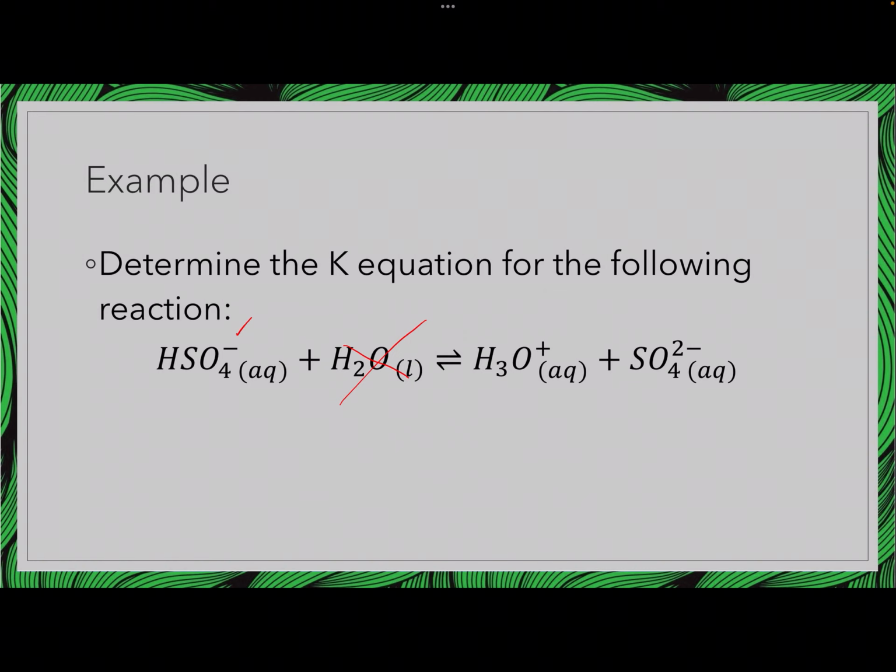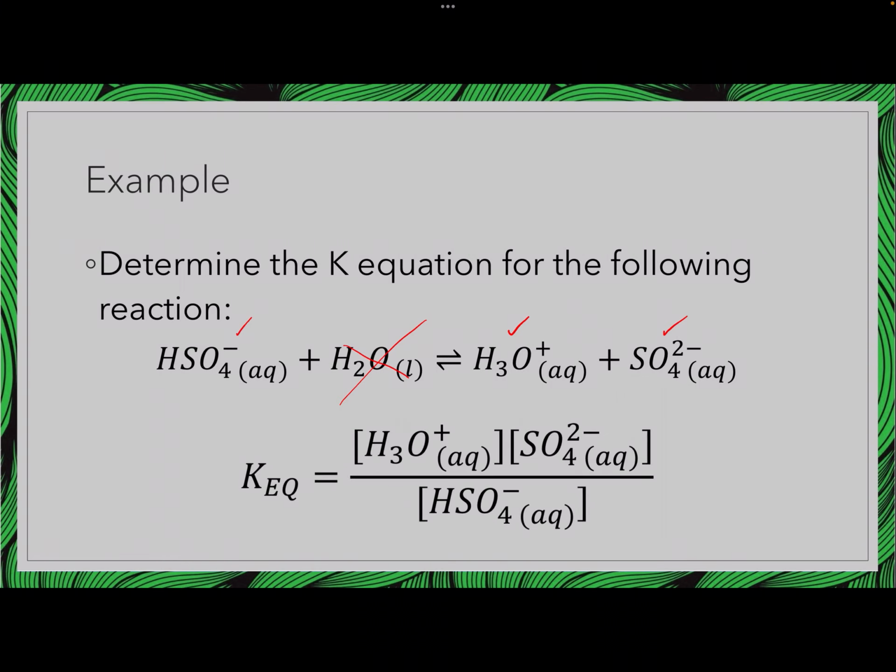We then have H3O+ aqueous, which is included, and sulfate 2-, which is also included. So it gives us this K equation: H3O+ times sulfate over the concentration of the hydrogen sulfate.